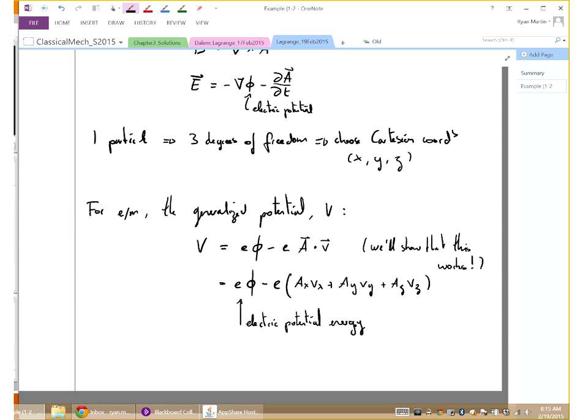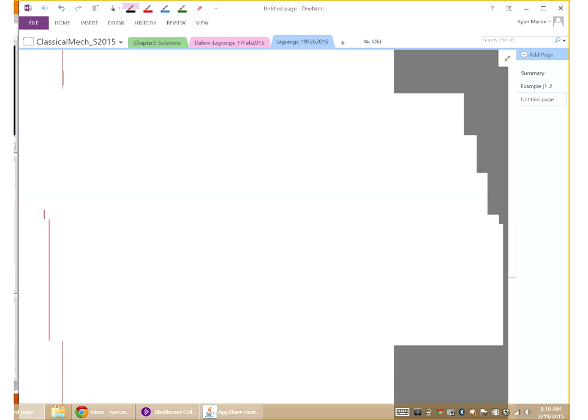So given this form of the potential, let's find out what the generalized force is equal to that comes from this potential.